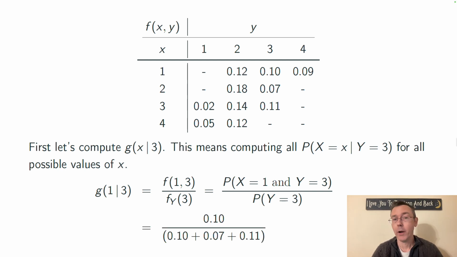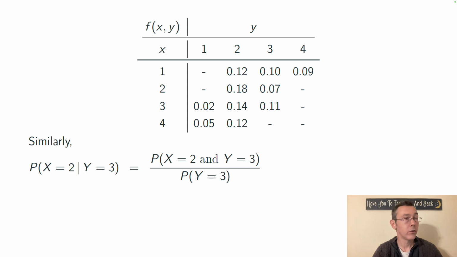Overall, I get 0.10 divided by 0.10 plus 0.07 plus 0.11. So I'm taking the individual value, that 0.10 here, and dividing by the total probability that's available to us in the column y equals 3. And in this case, overall, we get about 35.7%.